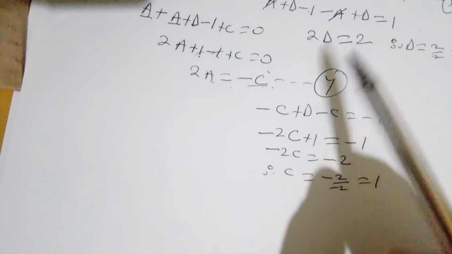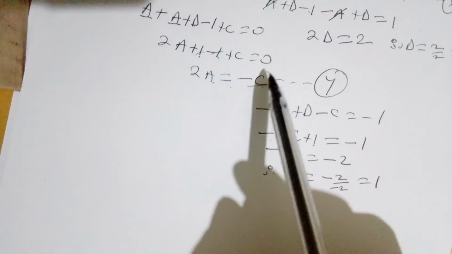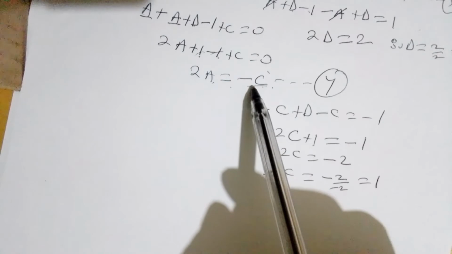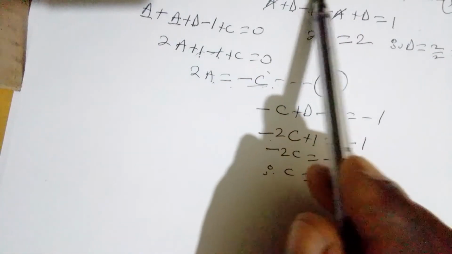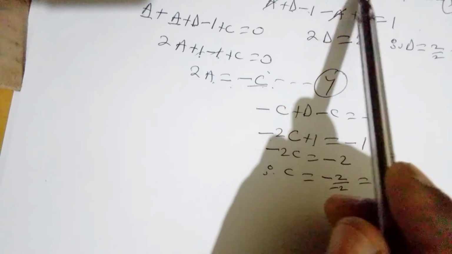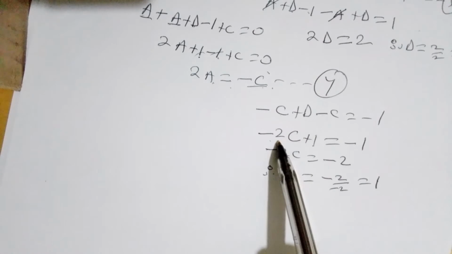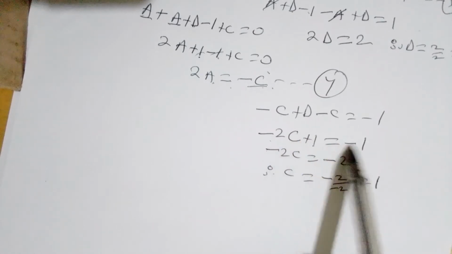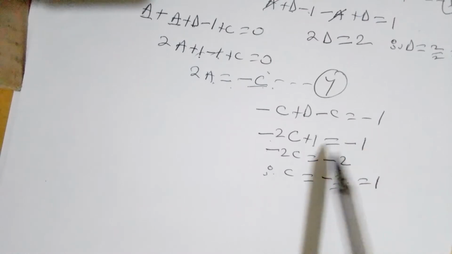Then we have solved the 2 equations. From here you substitute the value of c, because -c equals 2a. So this is now minus 2c plus 1 equals that. 1 crosses the equal sign, becomes negative.